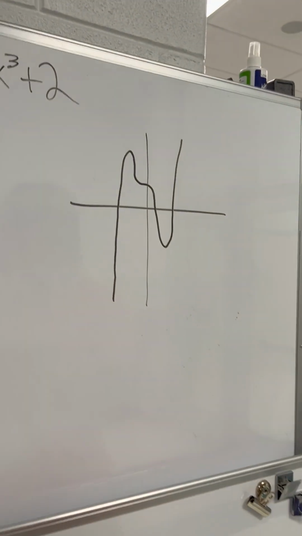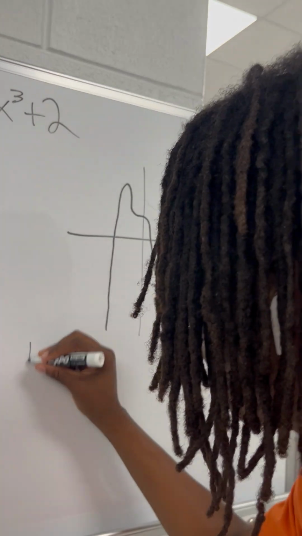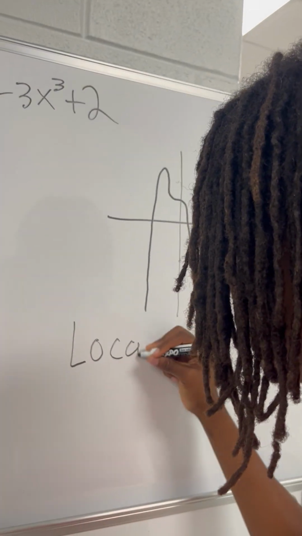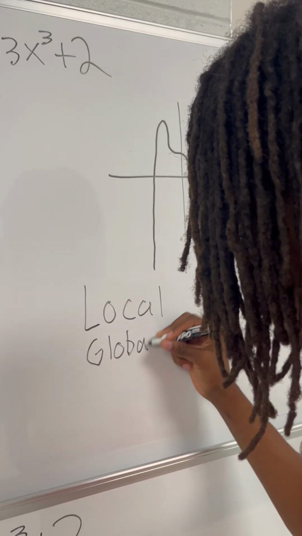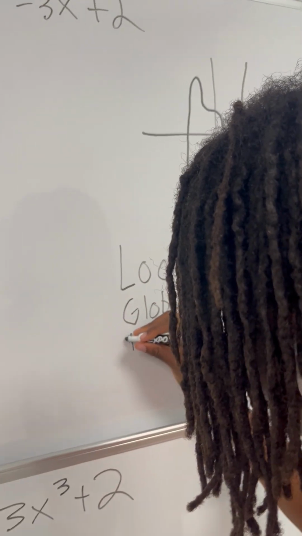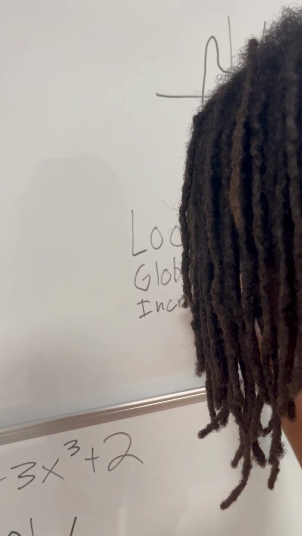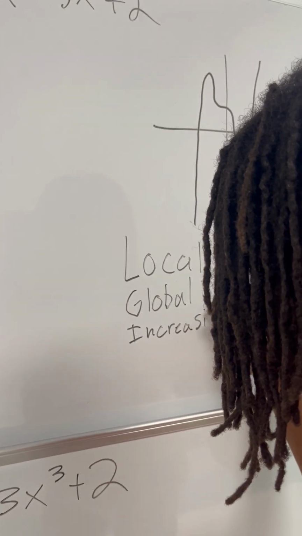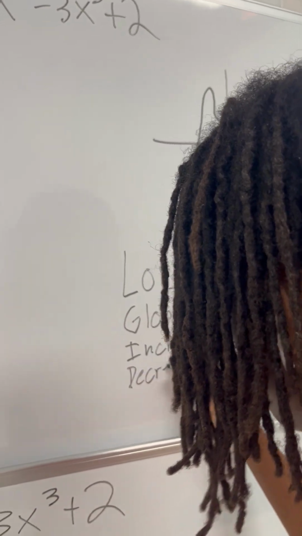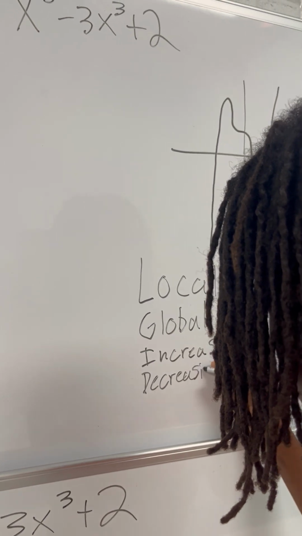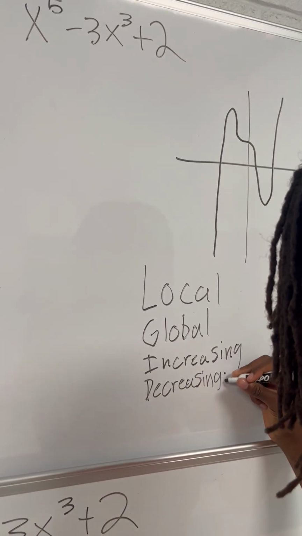Now what we're going to do is write down our local, our global, our increasing, and our decreasing.